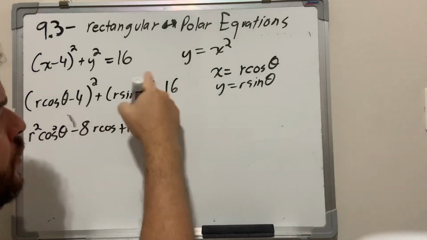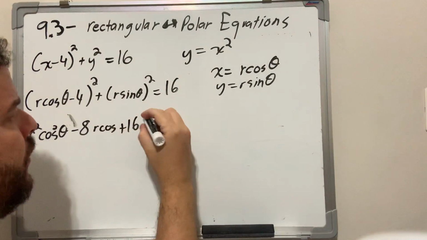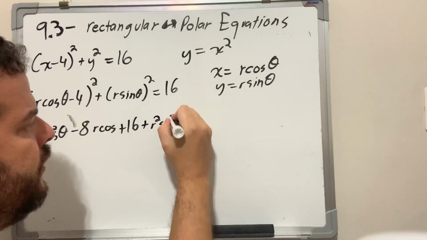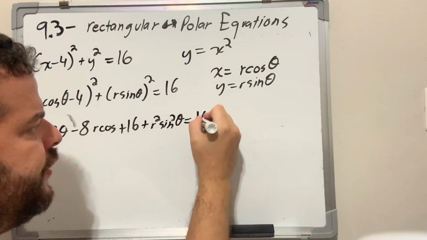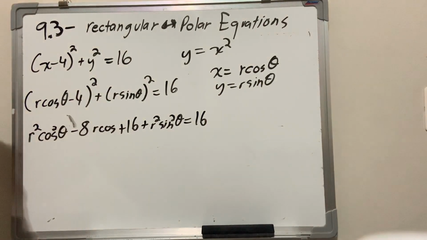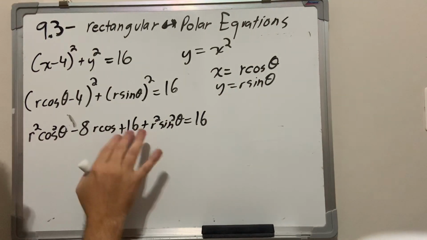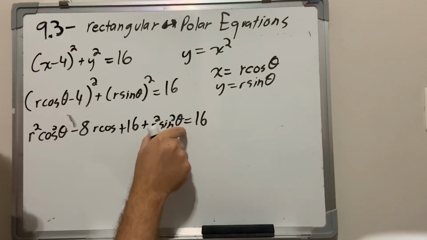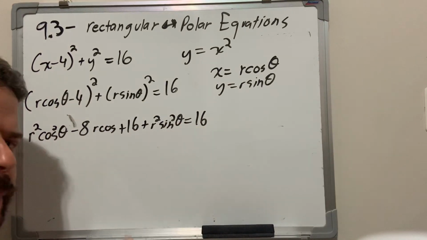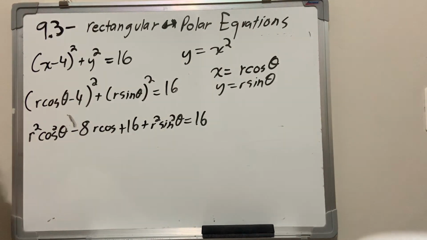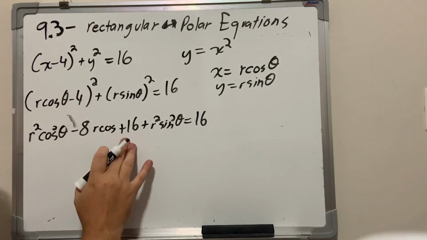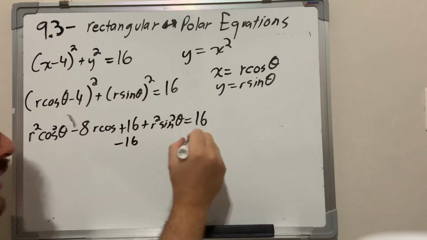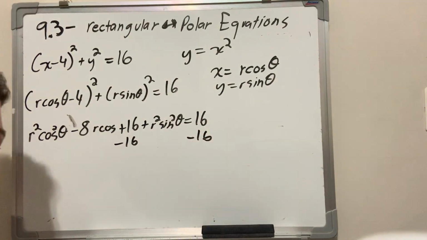And now I'm just going to square the r and the sine for this term, plus r squared sine squared theta equals 16. That was step 2, expanding the binomial. This turns into these 3 terms, and then just getting rid of my parentheses here. Now what am I going to do? I'm going to subtract 16 from both sides.